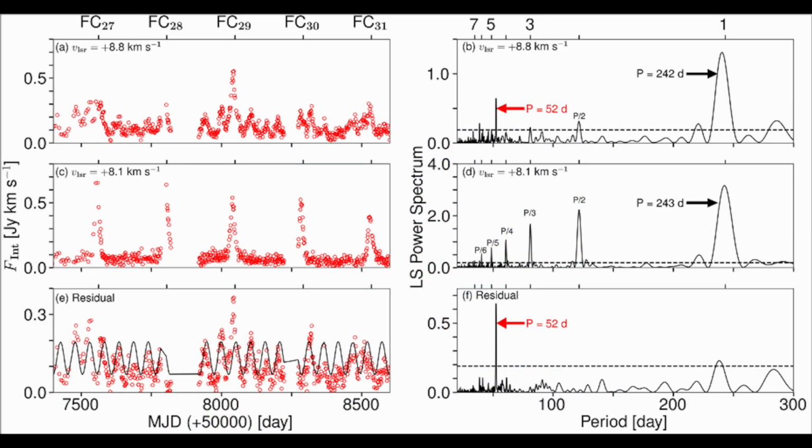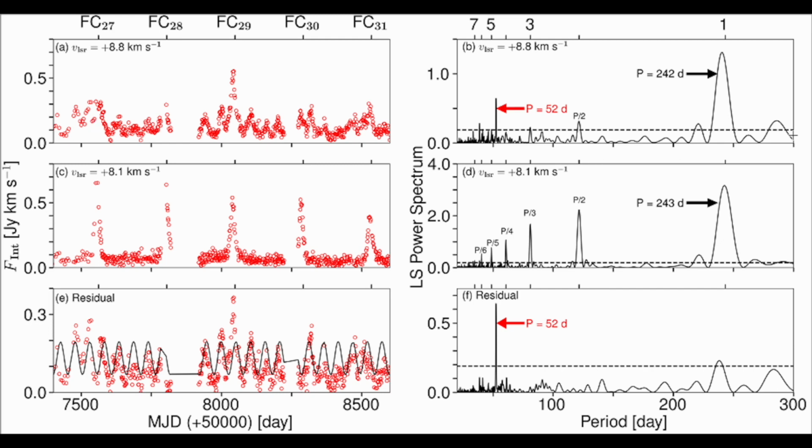Without getting too carried away trying to explain all of this, basically I'm showing that there are different periods in the data sets. So for the 8.1 kilometers per second feature, we see there's just the one period. It's primarily at 243. These extra things are just the result of the profile of the flaring event. It has a quick rise and a long tail.